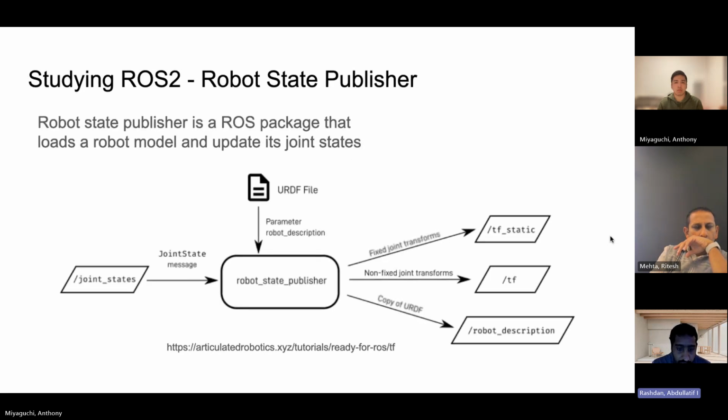Next slide, please. Okay, so how could you combine your URDF, which describes your joints and links, with the current state of your joints? So let's say one of your joints has rotated or it has been translated. How would it be captured?